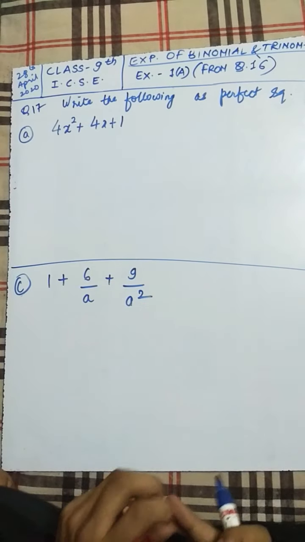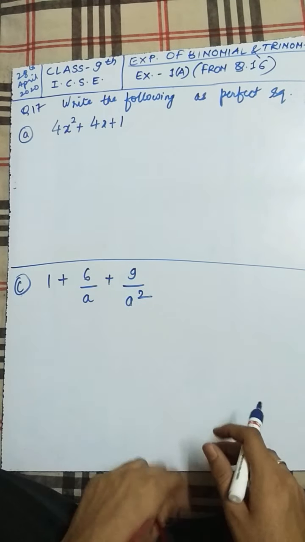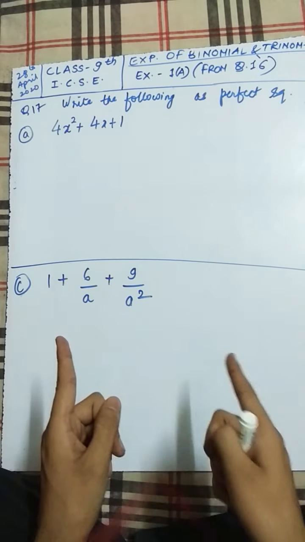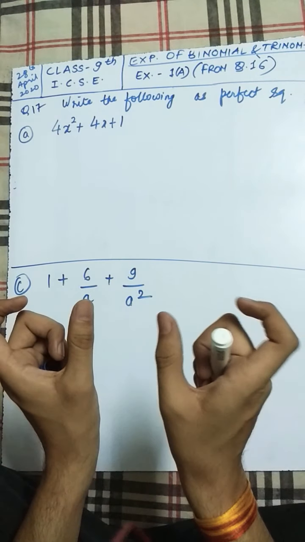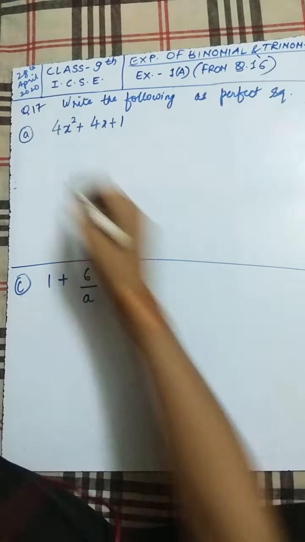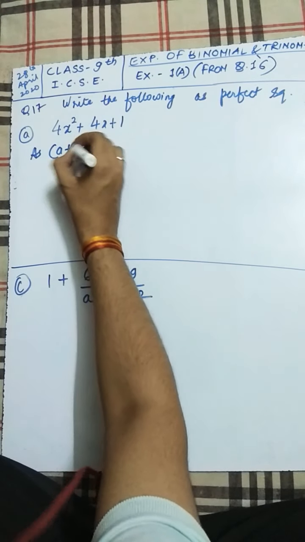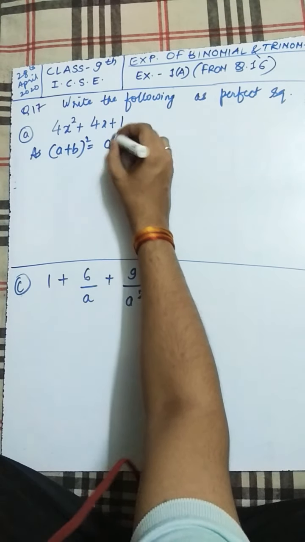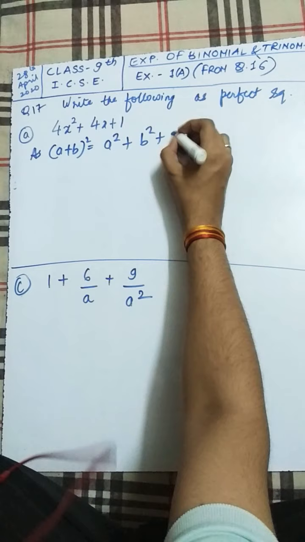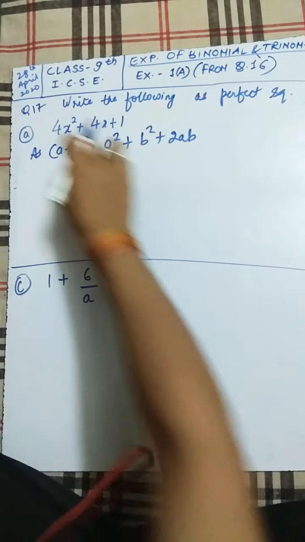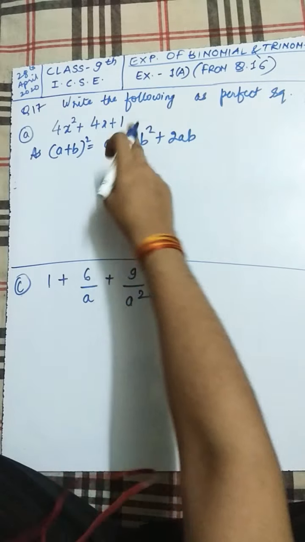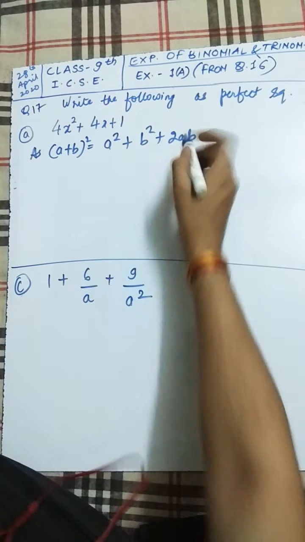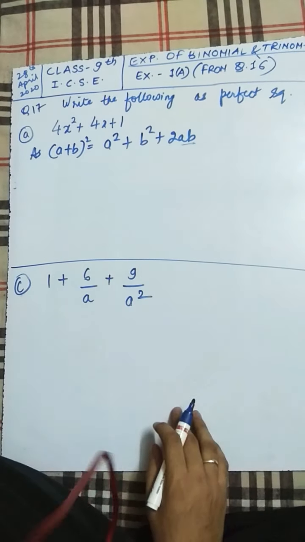Always remember that in the a plus b whole square identity, you have an a square, a b square and a 2ab term. So a plus b whole square gives a square plus b square plus 2ab. Similarly, you have to just find which will be the a square term and the b square term, and according to that you mold the ab term.